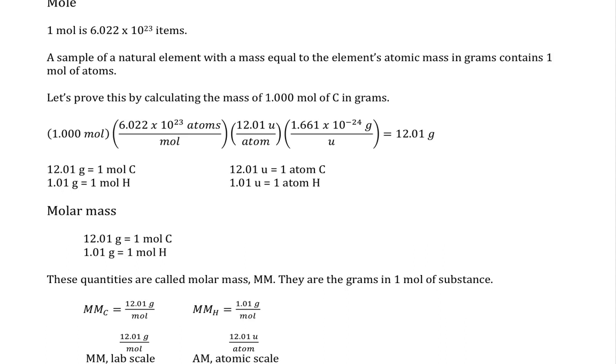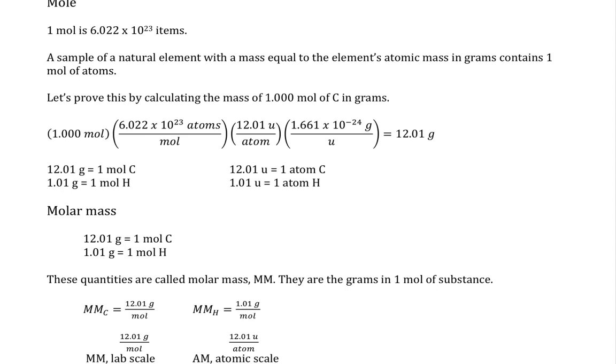When we're considering that quantity in grams per mole, that's called the molar mass. So the molar mass of carbon is 12.01 grams per mole. For hydrogen it is 1.01 grams per mole. So these are molar mass.